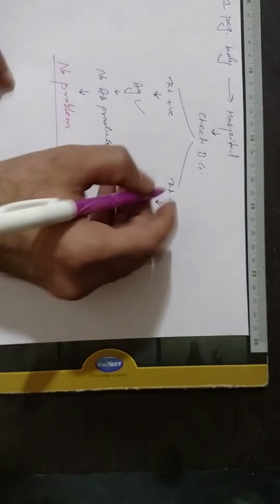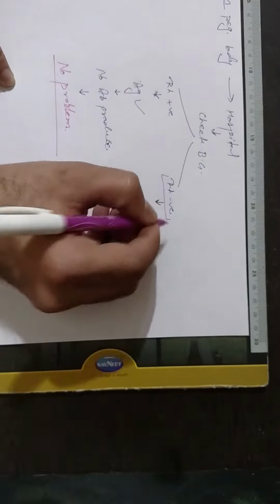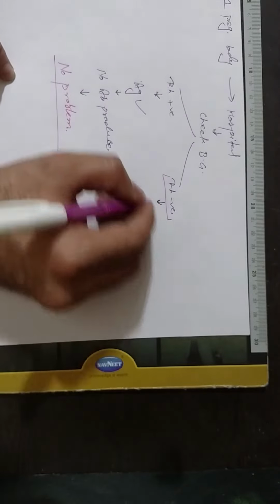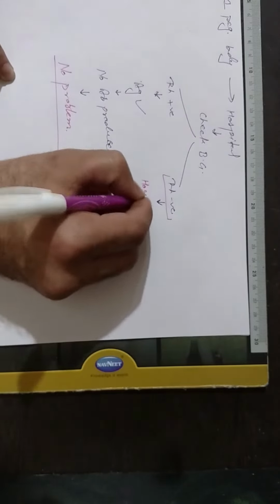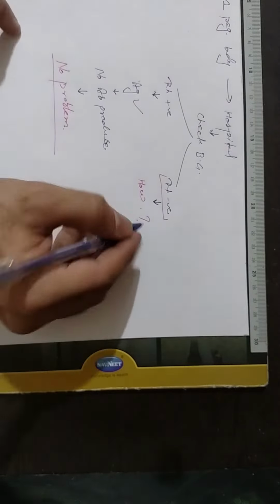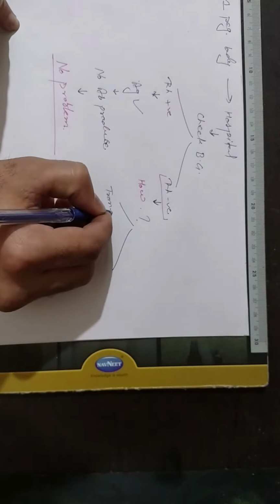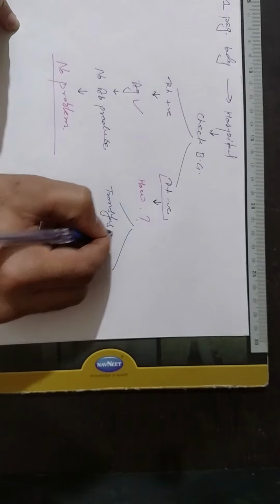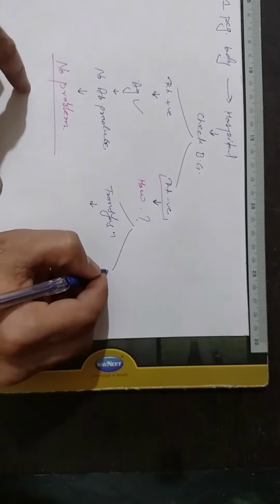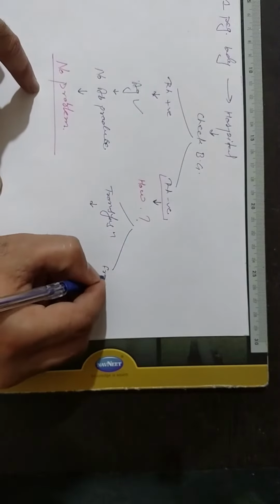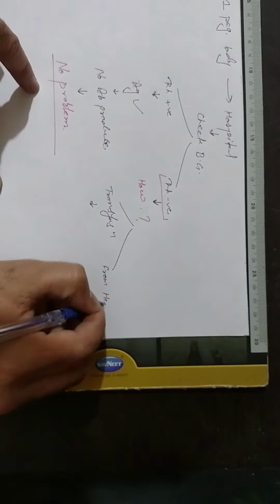So how can an Rh negative lady receive Rh positive blood group? How is she going to receive it? There are only two ways. One is by transfusion, and another is from her baby.